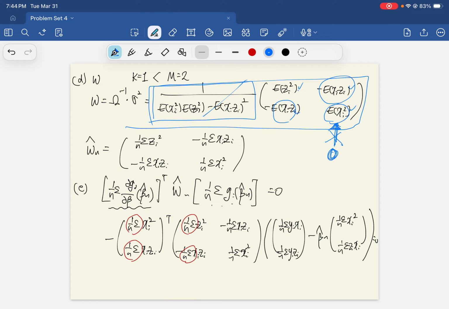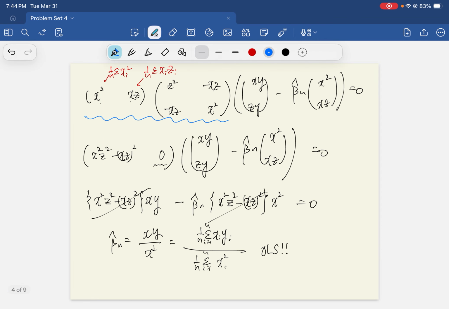That is interesting, right? So we carefully chose our weight and then we did our algebra. Then still in the end, by the structure, this part becomes 0, right? It's not because of the weight, but when you multiply the weighting matrix with the derivative, the second element becomes 0. That's the reason why the second moment was useless.